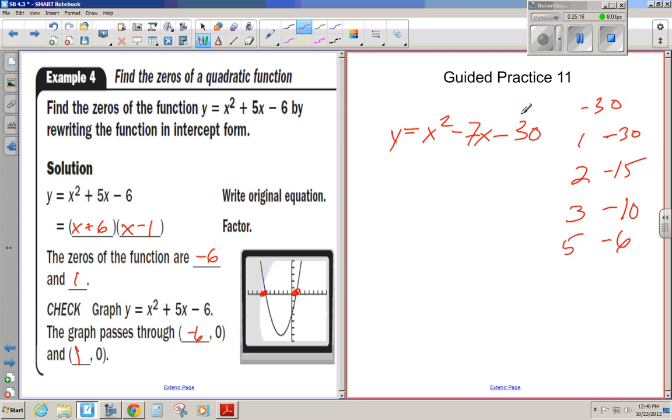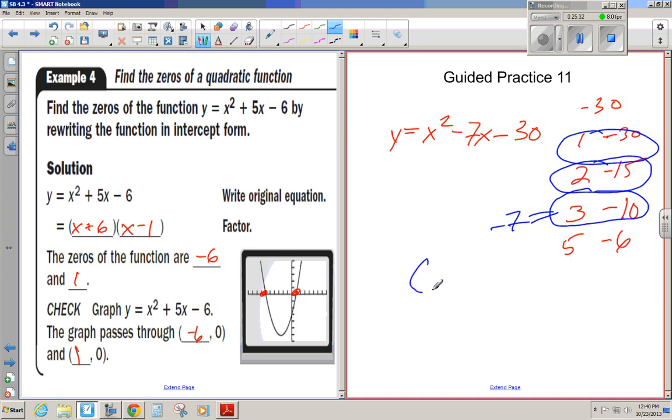All right, we can stop there. Now, which ones add up to negative 7? 2 and negative 15? No. 1 and negative 30? No. 3 and negative 10. 3 minus 10. That equals negative 7. So, factored form.